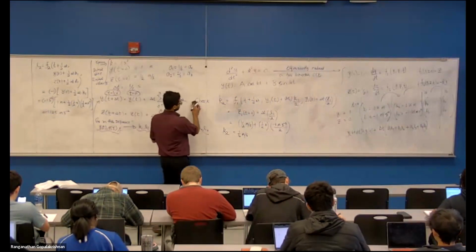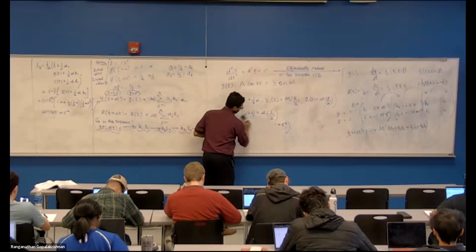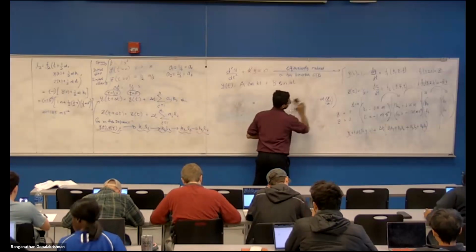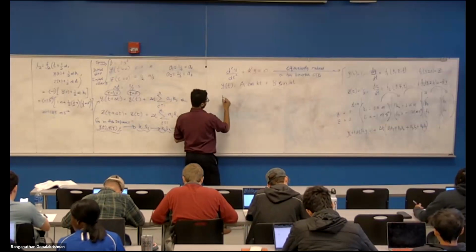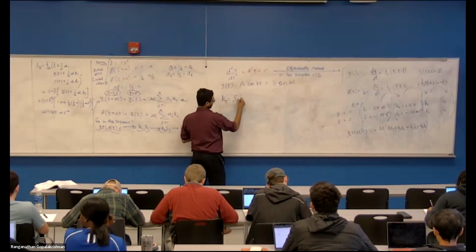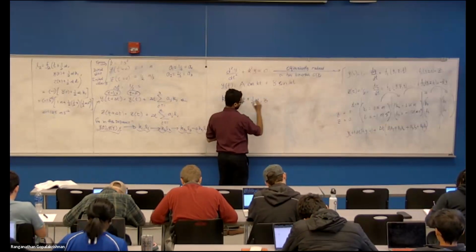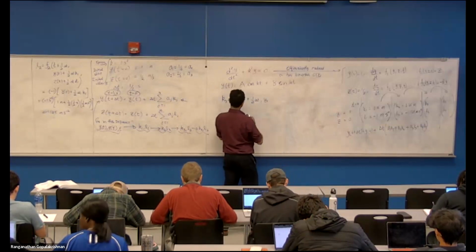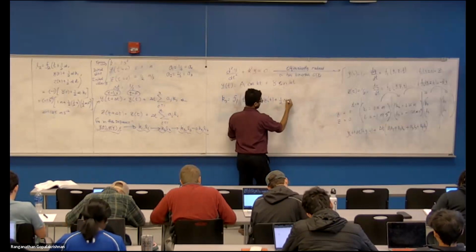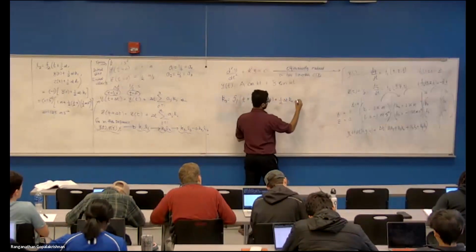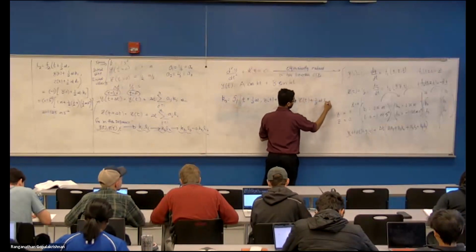So I'm going to erase this K2 calculation and try to do K3. K3 is the function F1 executed at t plus half delta t, y at t plus half times delta t multiplied by K2, and then z at t plus half times delta t multiplied by L2.